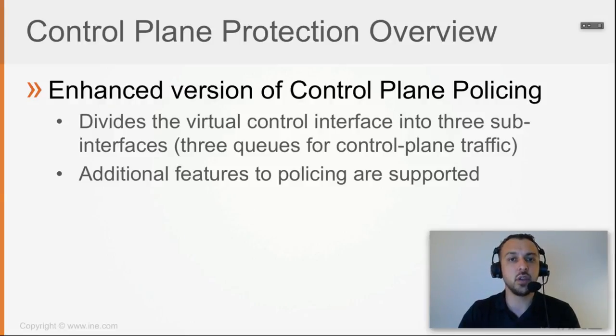So we have different queues for different protocols on how much traffic and what kind of traffic can hit a router CPU. We're going to have 3 such configurations now, not only 1. So it's not going to be an aggregate configuration, a single virtual controller interface controlling everything. It's going to be 3 of them because we divide the control plane and management plane traffic into 3 different sub-interfaces.